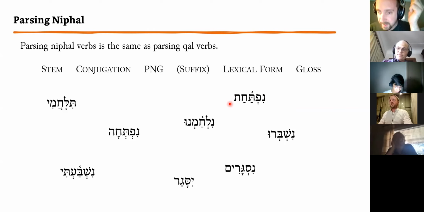Sure. Niftachat. And so, third feminine singular, I think. Let's start with the stem. What stem is that? It's a Niphal perfect. Wait, is this one imperfect?